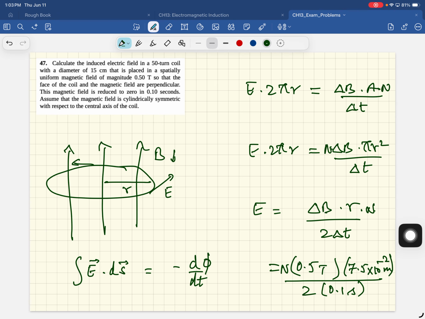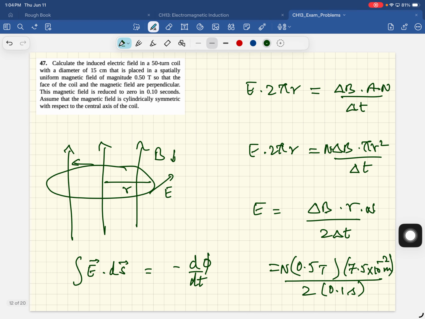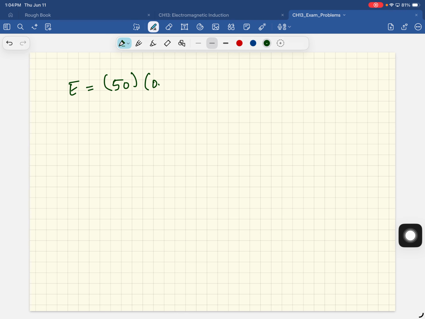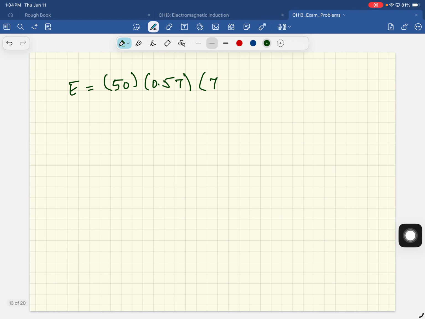So the induced electric field will be in that direction. The induced EMF is this line integral E dot ds, which is E times 2 pi r. And that's equal to the change of flux.